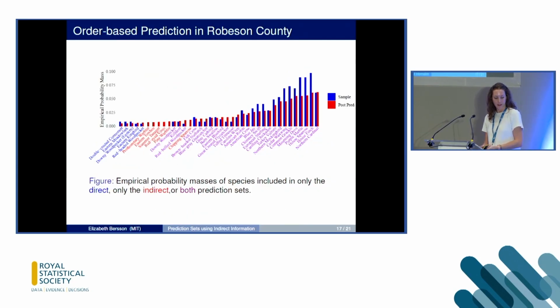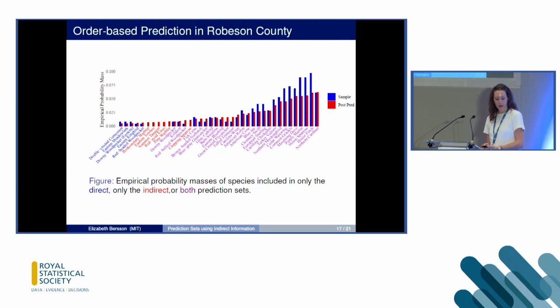Okay, so I'll zoom in a bit on one of the counties to further elucidate the role of this ordering idea. Here's the empirical probability mass plot for the data from Robeson County. The bars in blue are the sample empirical probability mass, and the bars in red are the posterior predictive probability mass with that estimated concentration parameter, again from the neighboring counties.